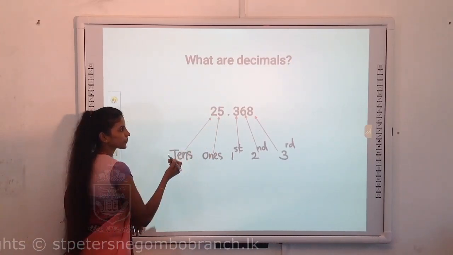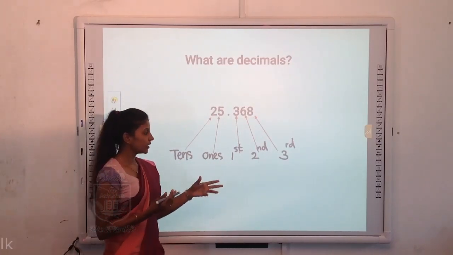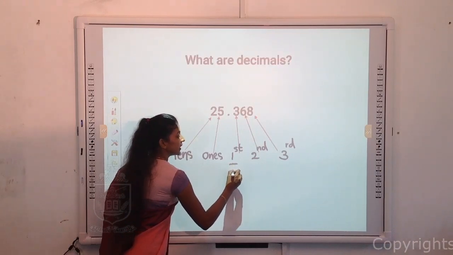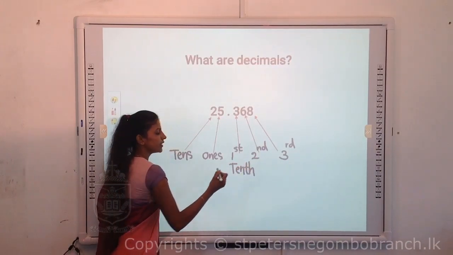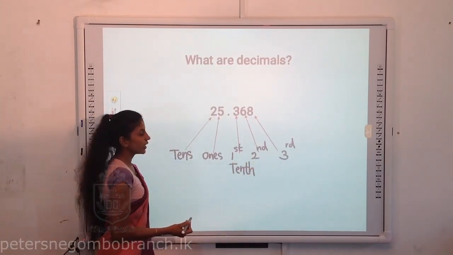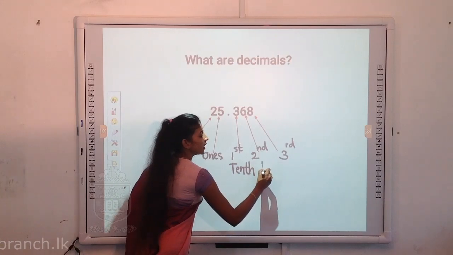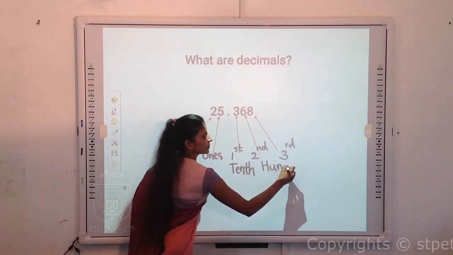The first decimal place can be taken as the tenth place, while the second decimal place can be taken as the hundredth place.